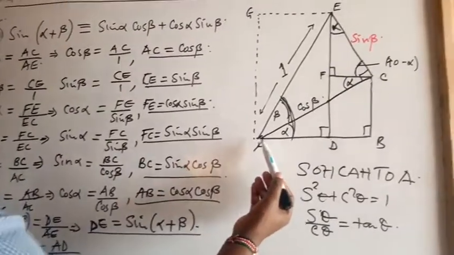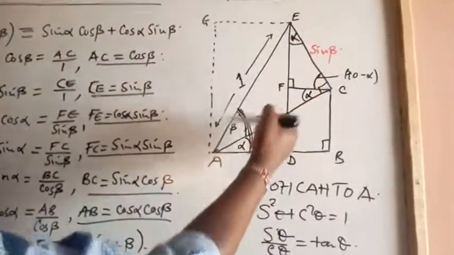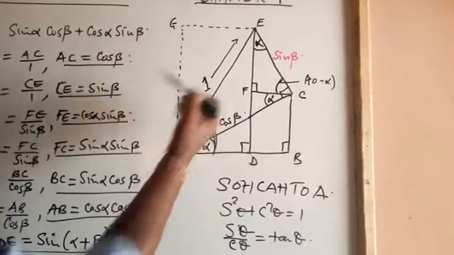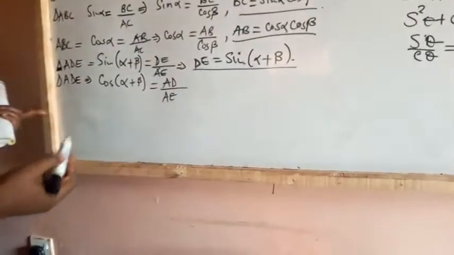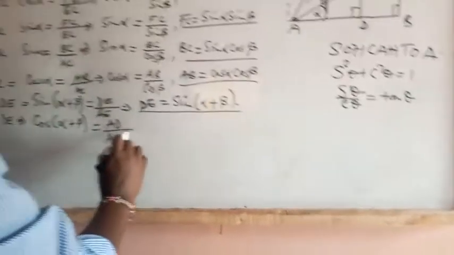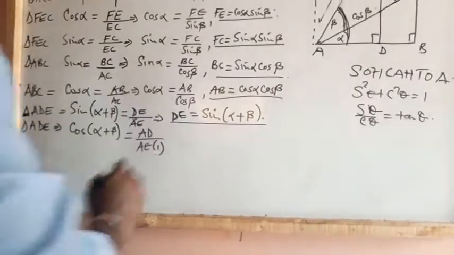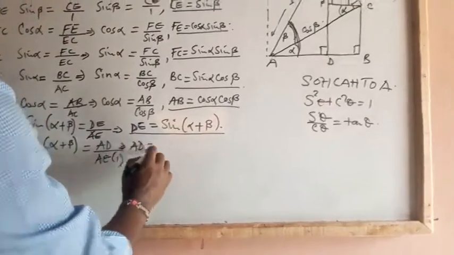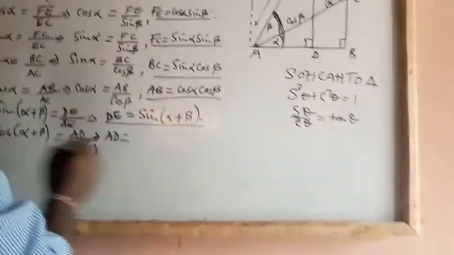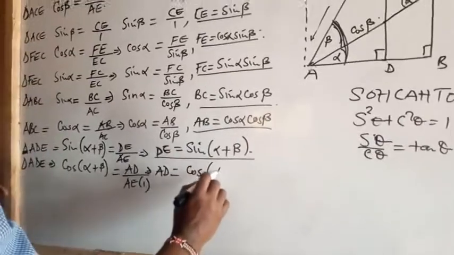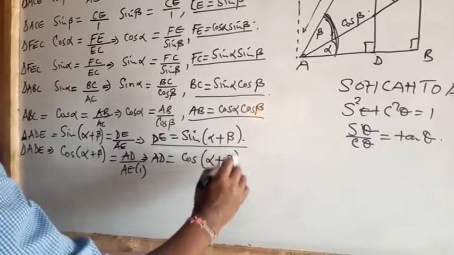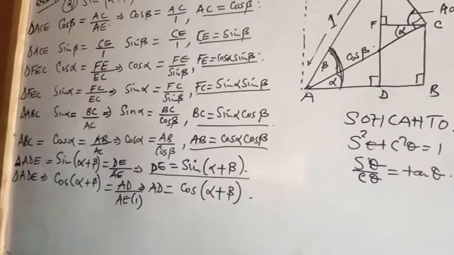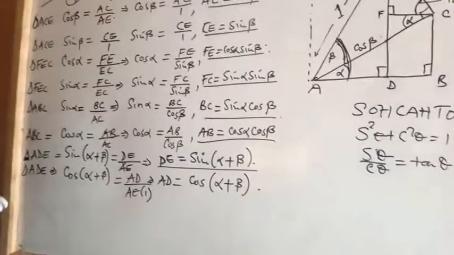The hypotenuse of triangle ADE remains AE, and its measurement is simply 1. So if we cross multiply, AD becomes 1 times the cosine of alpha plus beta.